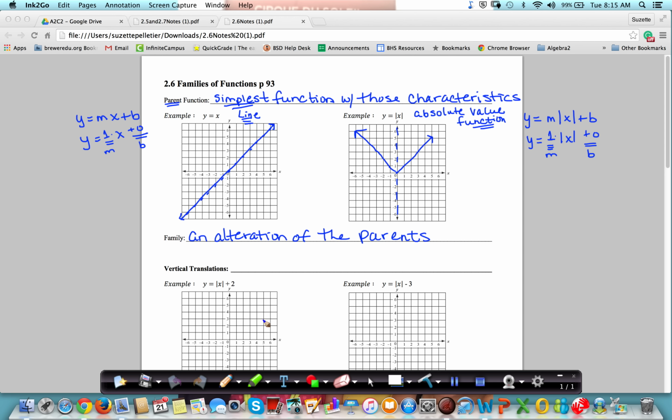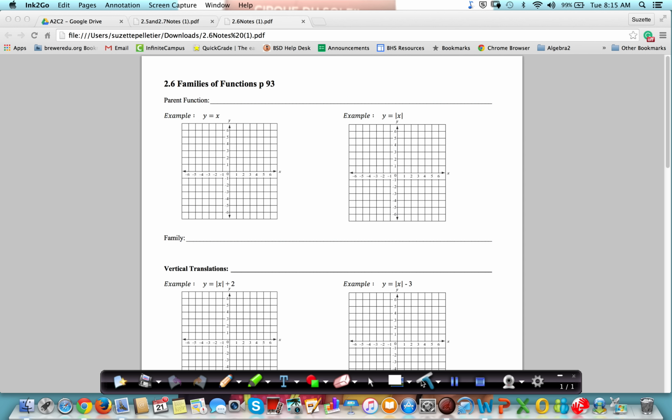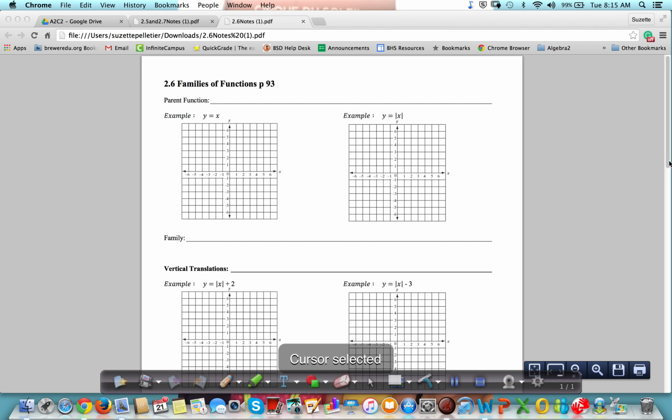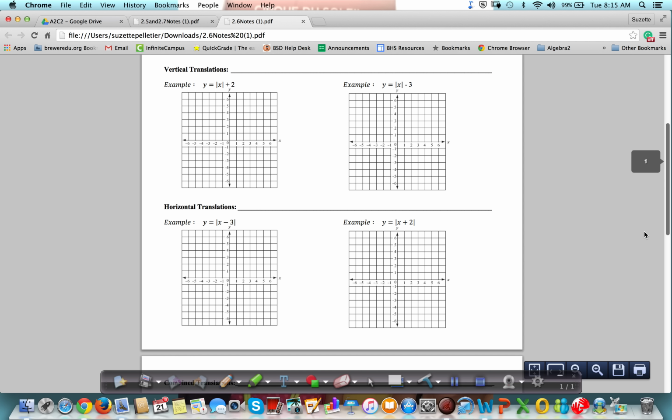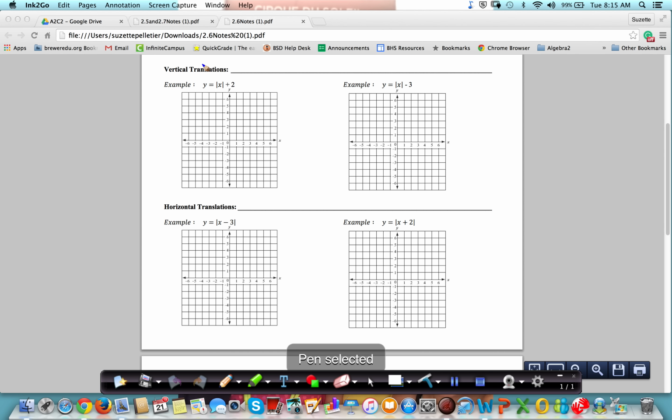Okay, so what we're going to do is keep thinking about these parent functions, but we're going to do some translating, okay? So I'm going to scroll the page up a little bit. Translating, again, geometry word. When we think about translation, it means to slide, or it means to move a function. So translation from geometry means slide. So we're going to do a vertical slide. Vertical means up and down.